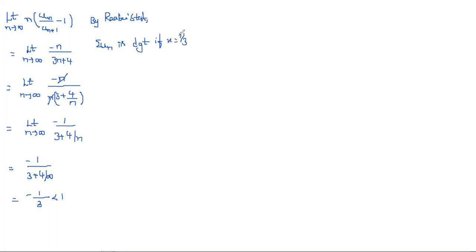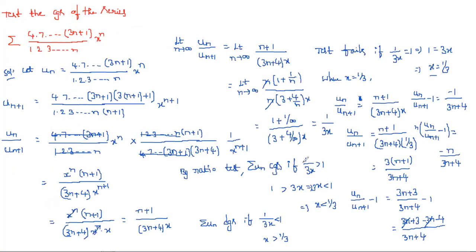This is the important one. Why? Because we are not writing for the entire series. So when we are doing a special case, x is equal to 1 by 3, only in this case this is divergent. So therefore, simply what we can write: the given series is convergent if x is less than 1 by 3, right?